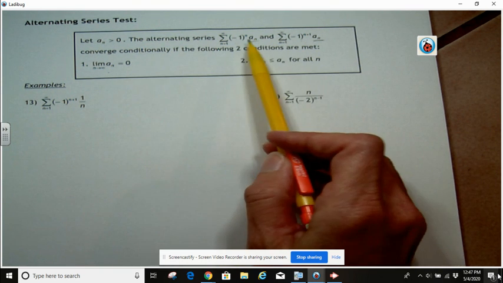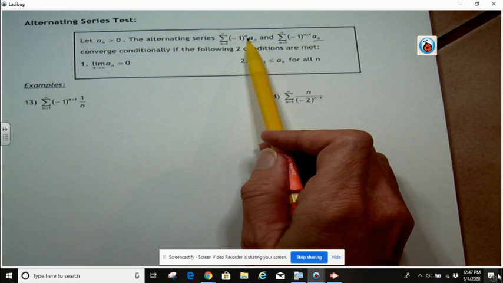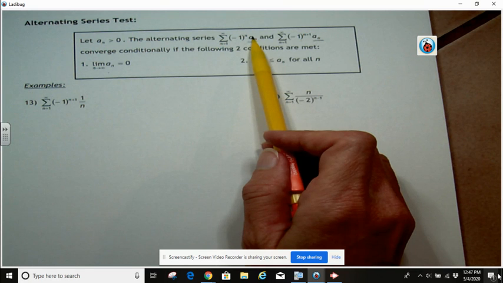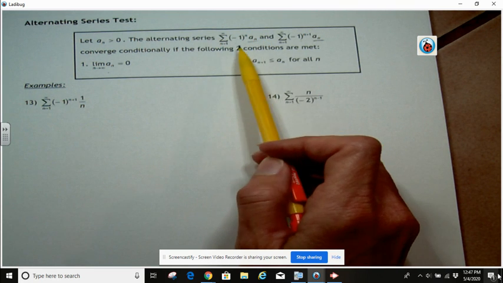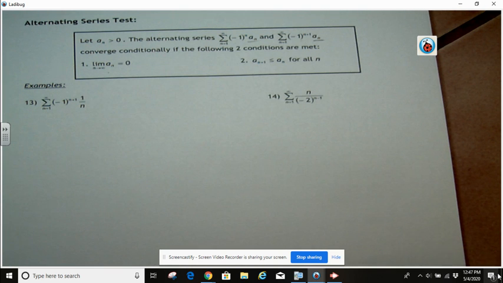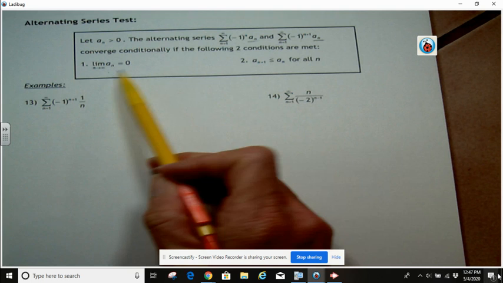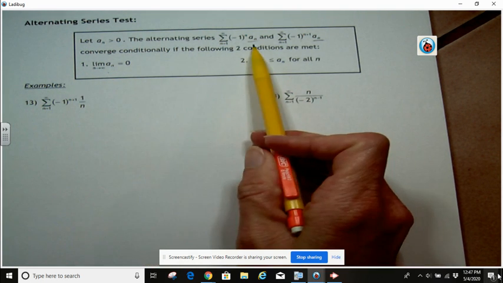So when we see that it's alternating, because -1 raised to some power is going to produce alternating values of -1 and +1. That's why it's called alternating. This part of it will make the terms go back and forth between positive and negative. But when we run these condition tests, we're not using that. We're just using the rest of it.